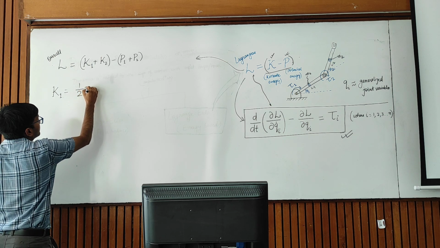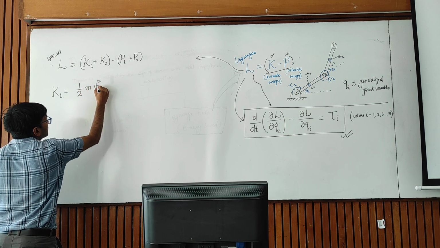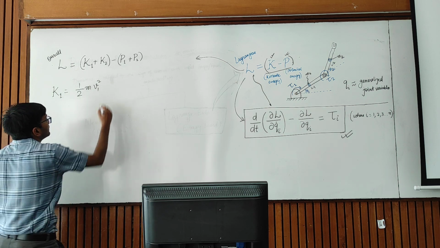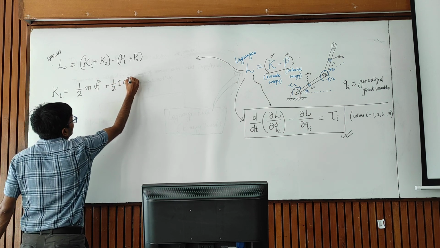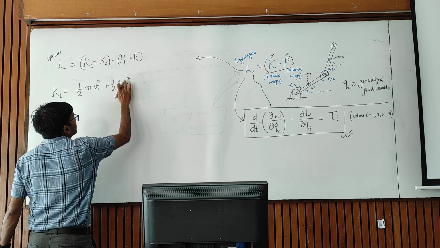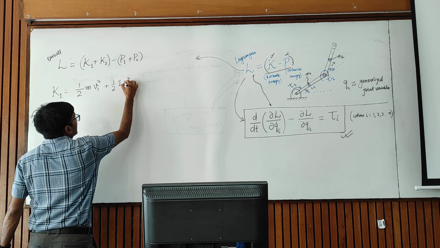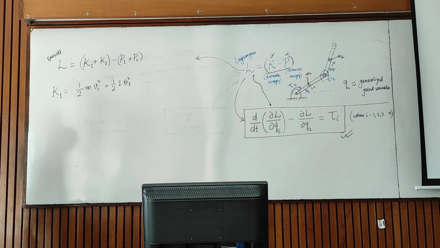You have half mass times velocity square, that will be one, plus half I omega square at that moment of time. So omega is nothing but theta 1 dot square. Okay, यहाँ तक सही है? Fine.